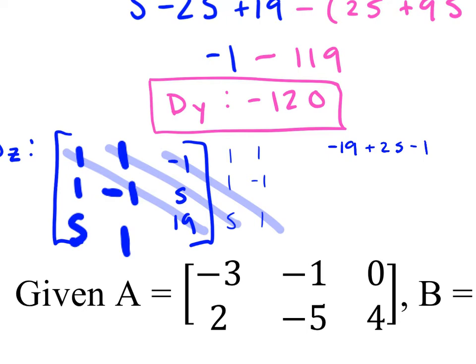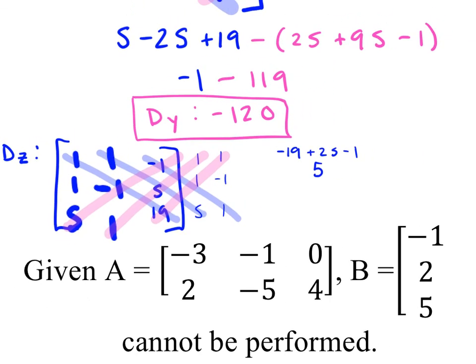So what is negative 19 plus 25 minus 1? Five. Now we have the sum of our minors. So 5 times negative 1 times negative 1 is positive 5. 1 times 5 times 1 is positive 5.